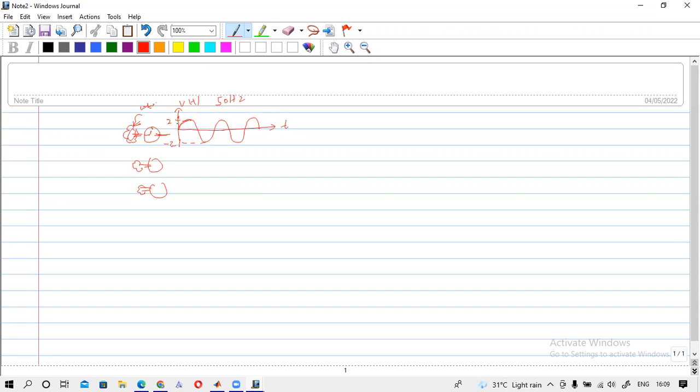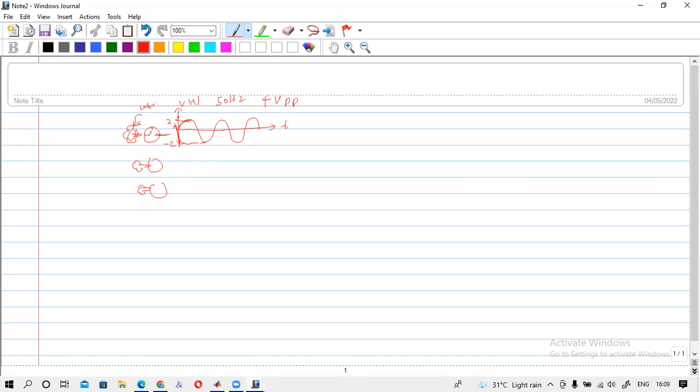Peak to peak means this is one peak and this is the other peak, and the difference between these two is 4 volt peak to peak.